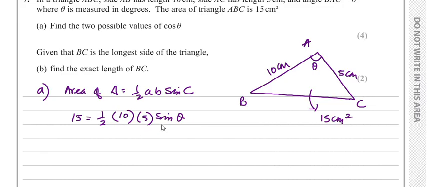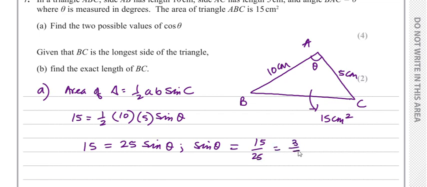So from this, we should be able to derive the value of sine theta. So 15 is equal to 25 sine theta, which means sine theta is equal to 15 over 25, which simplifies to 3 over 5.